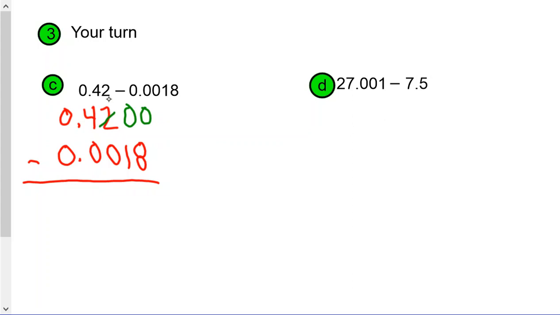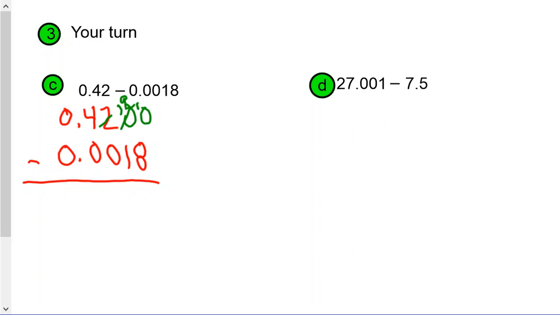We're going to change that to a 1. And then we are going to change this to a 10. So we have 10 here. Then we need to borrow from the 10, so we change that to a 9.